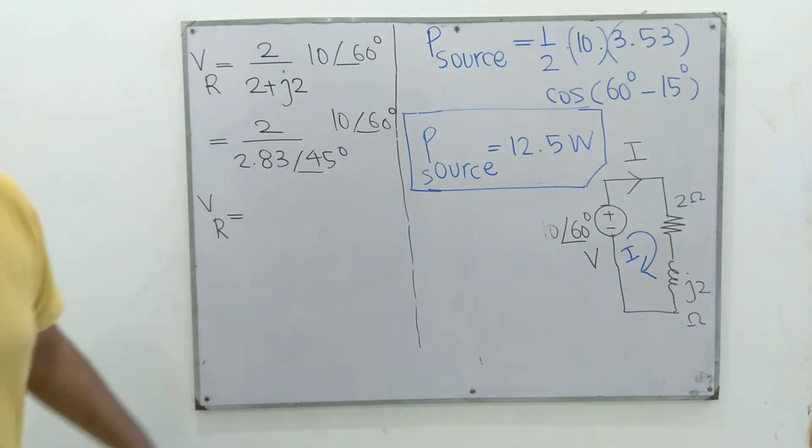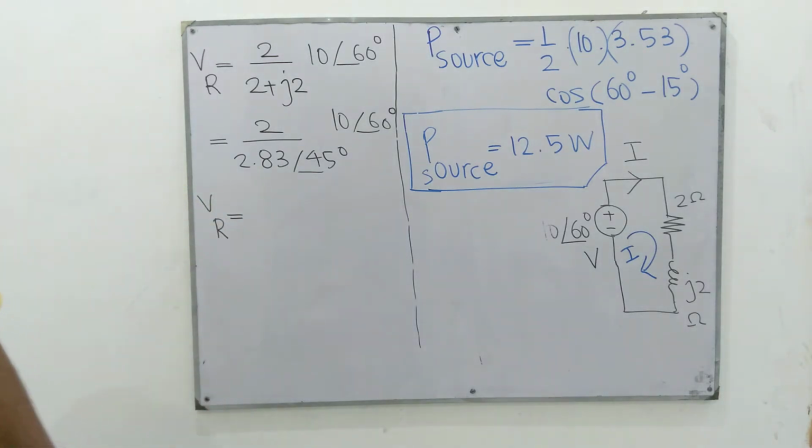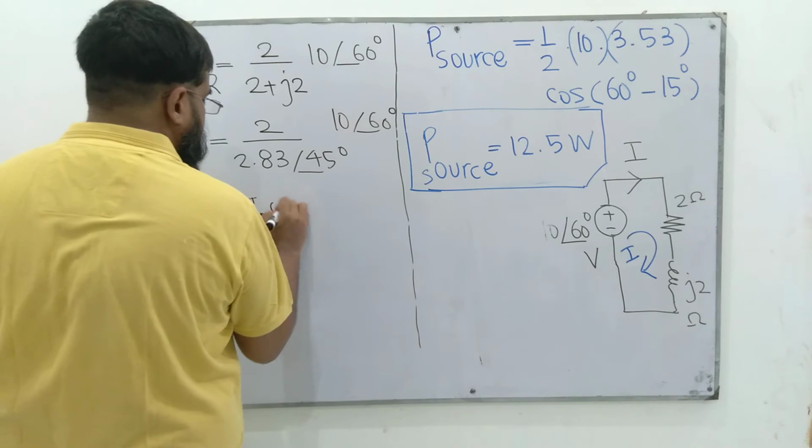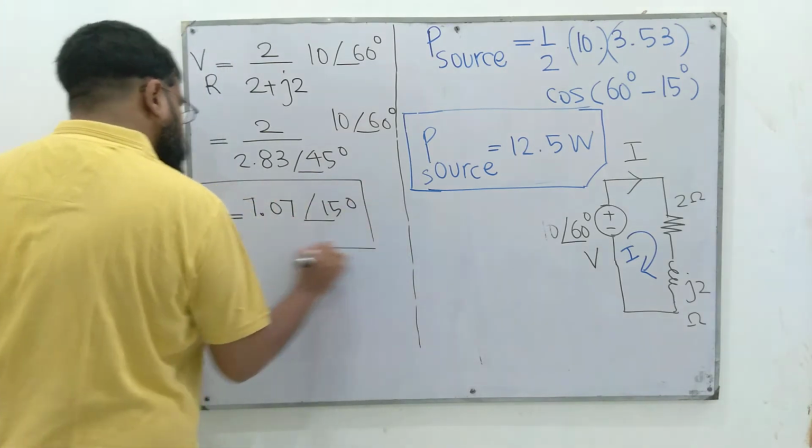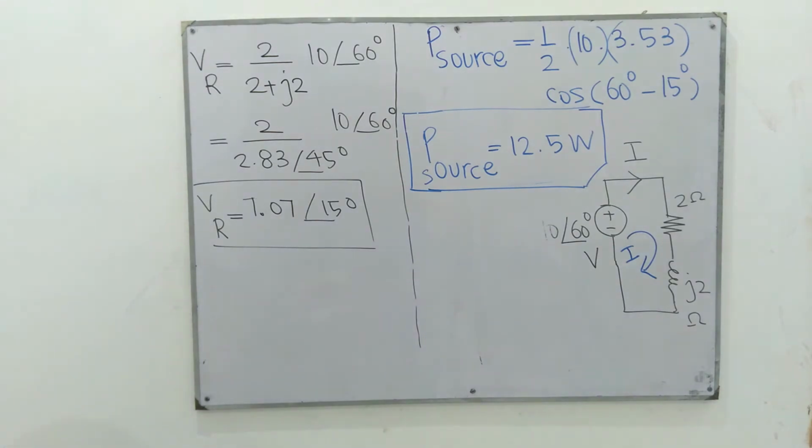So this gives us a VR equal to 7.07 at an angle of 15.